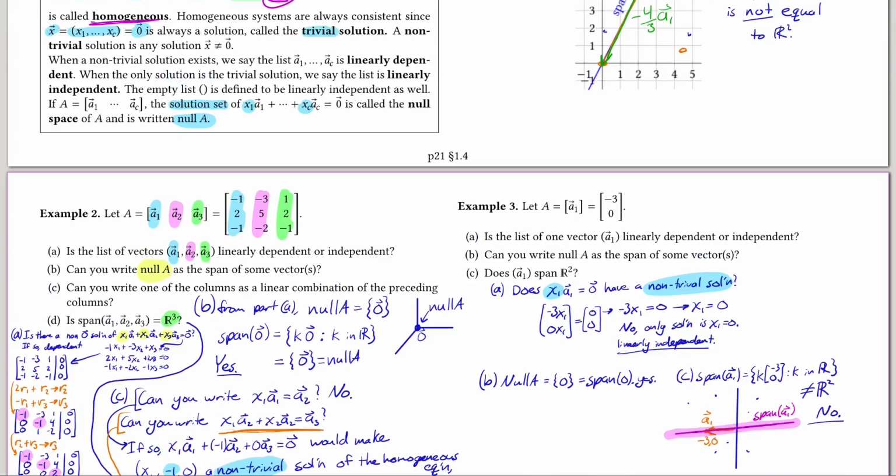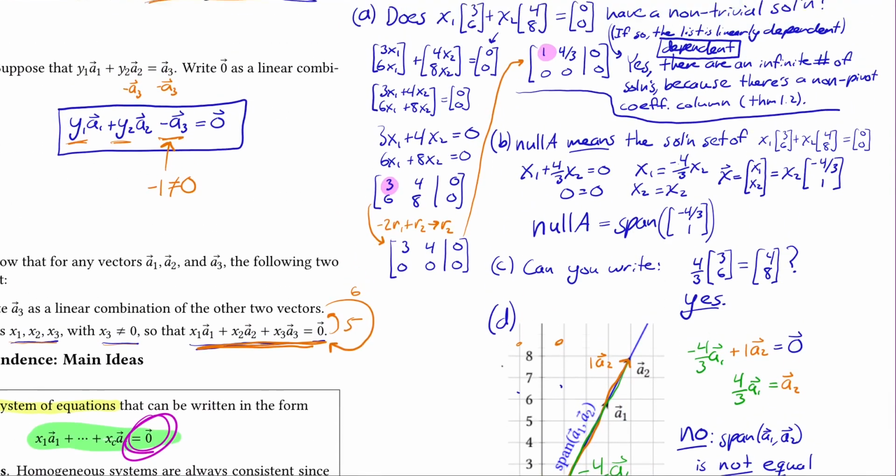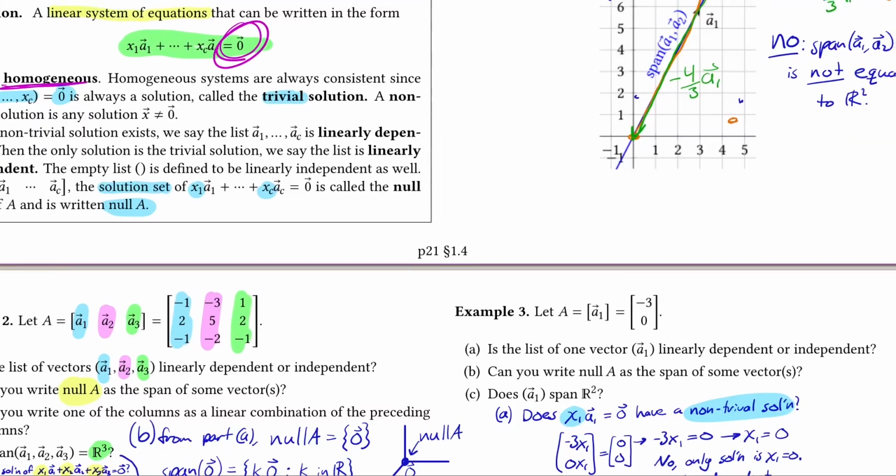So it's always possible to write the null space as a span. In example 1 here, we solved for x1 and x2 in terms of x2, and because there's no other constant coefficients here, this was just like 0, 0 because it was homogeneous. We can write any solution as a multiple of that -4/3, which gives you the span of that vector.